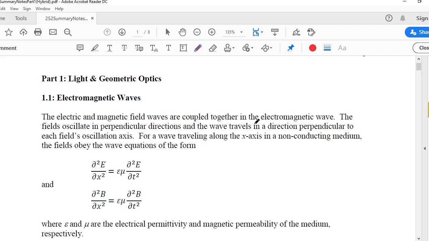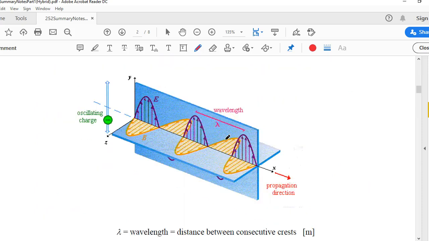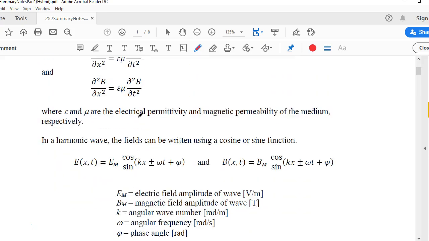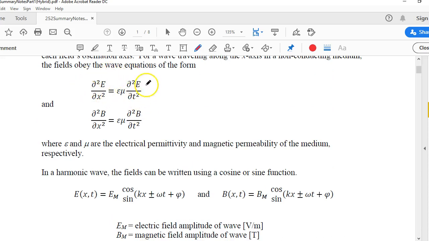What you can do is start with a particular geometry. Let me scroll down and show you a picture. Let's assume we have an electric field that points in the y direction. You can see this set of axes: x is going this way, y is vertical, and z is coming out of the page and into the page. If we assume an electric field in the y direction that is changing, you can get this differential equation for the electric field.